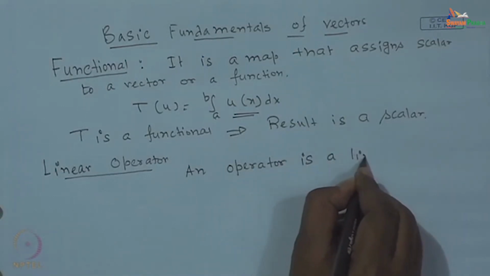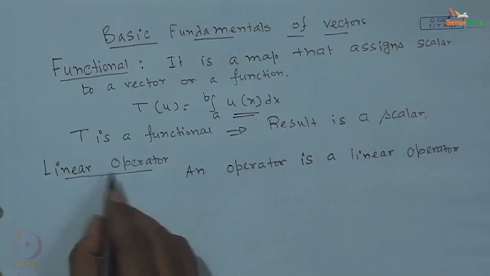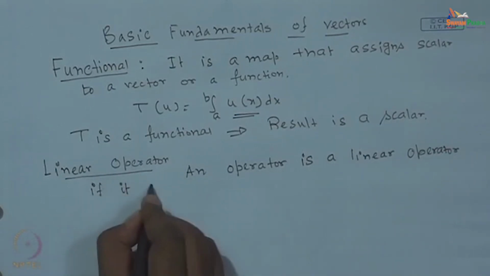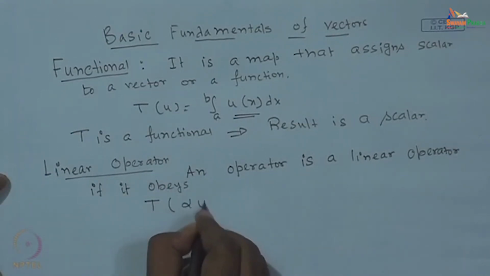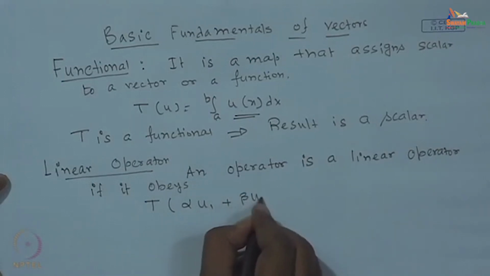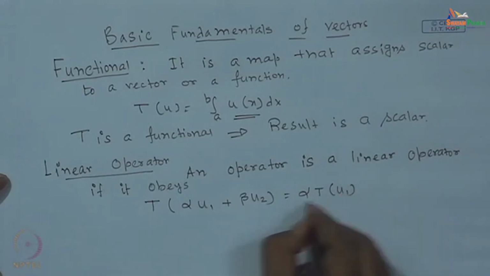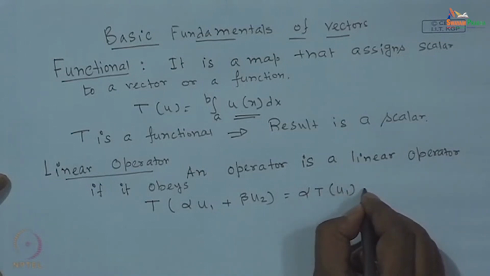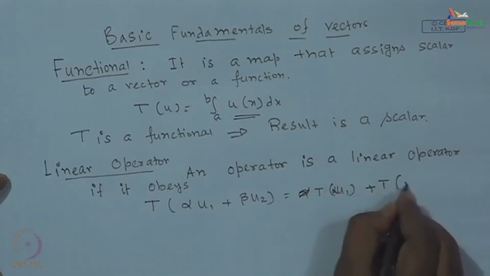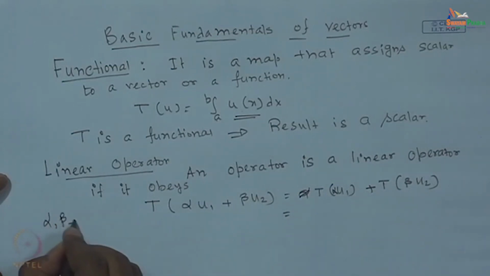An operator is a linear operator if it obeys T(alpha u1 plus beta u2) is equal to alpha T(u1) plus beta T(u2), where alpha and beta are arbitrary scalars.